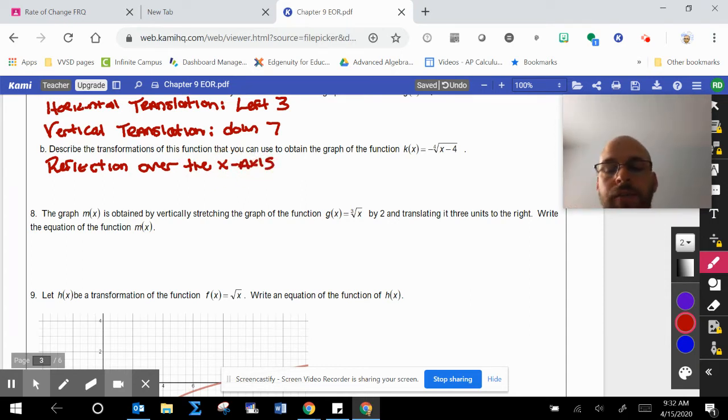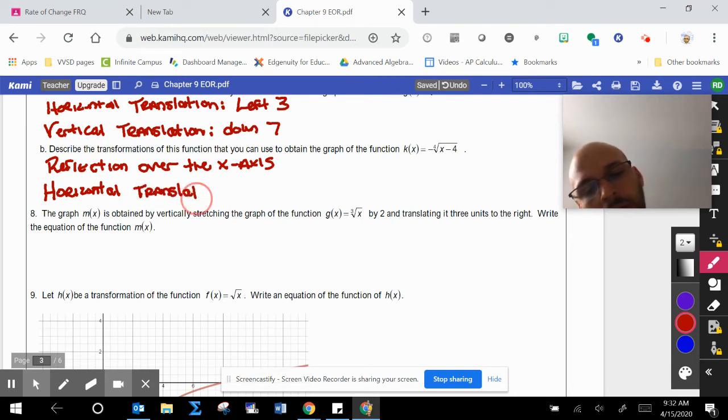And then with the minus 4 on the inside, we've discussed that one on the previous question. That's going to be a horizontal translation of right 4 units, okay?